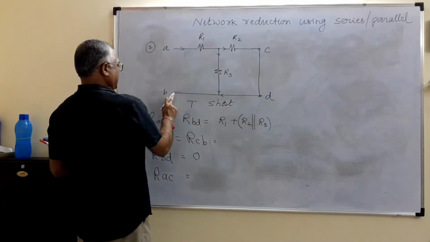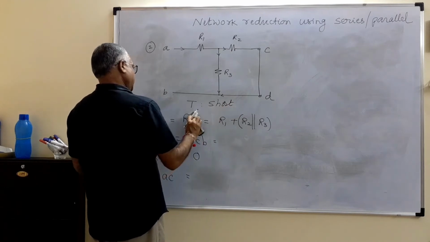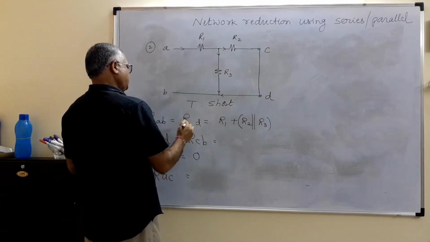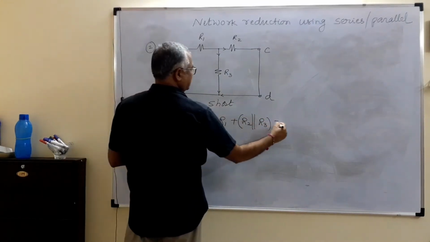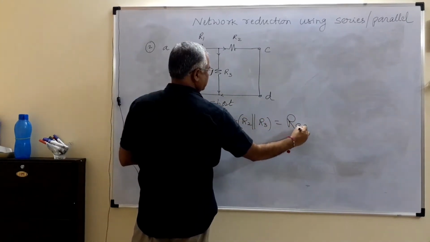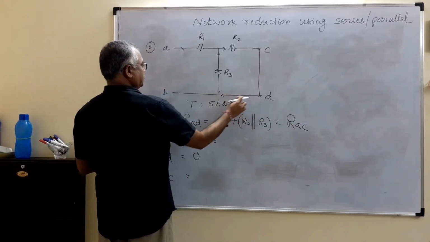Here RAB answer, RAD answer, RAC answer are also the same, because B, D, C are short circuited.